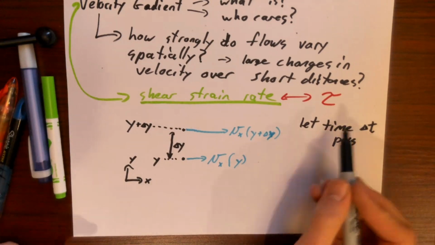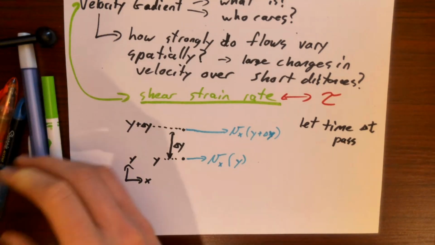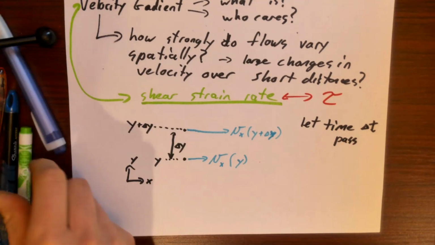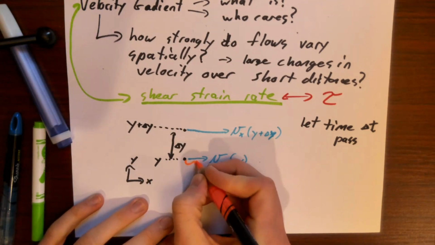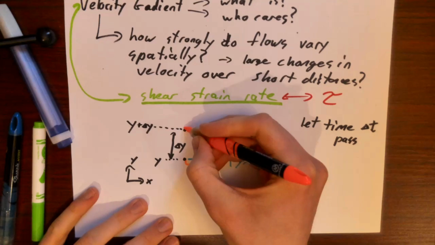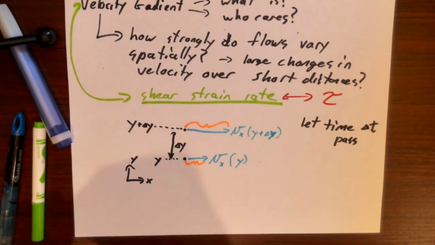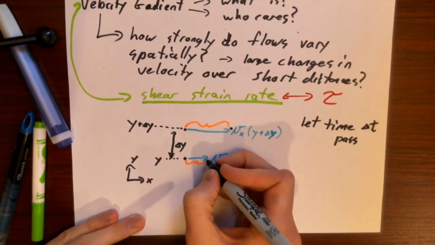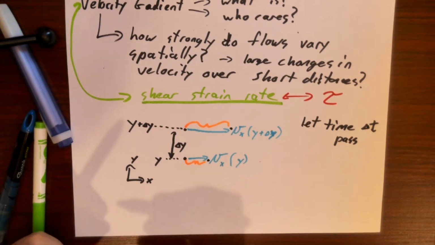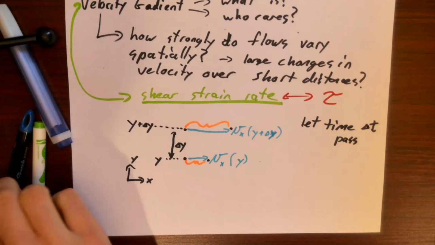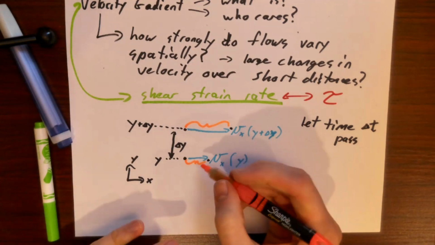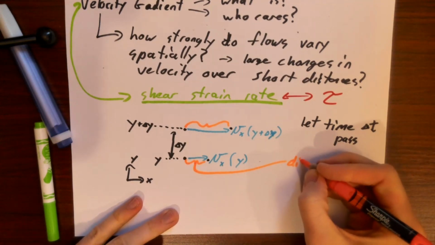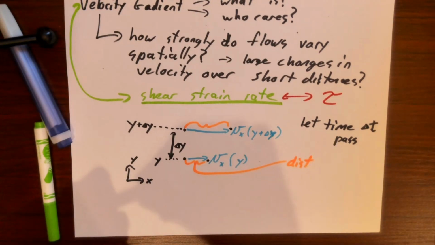If I let some time delta t pass while these things are moving this way, the bottom one would cover some distance, and the top one would cover a different distance, where now this top one has moved all the way over here, whereas the bottom one only moved this far. The bottom one would move a distance, so this covers a distance. This one covers a distance.